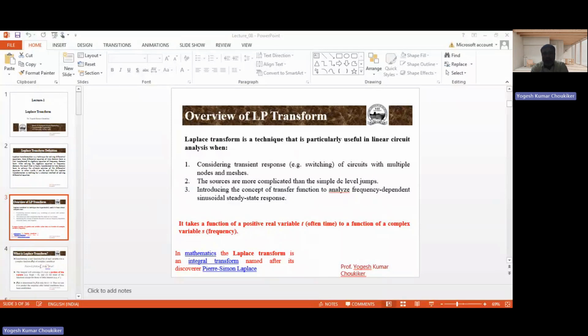So this initial value, when we are converting from the time domain to the frequency domain, definitely we have to take into account in our circuit. If you see the equivalent circuit model of the inductor in the S domain, you can see we have two different cases.